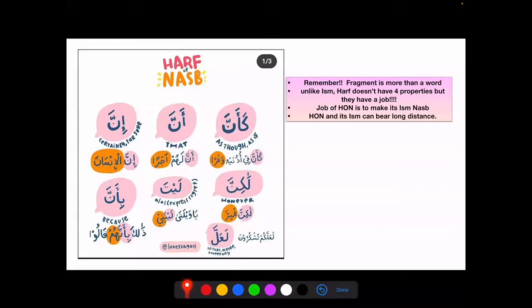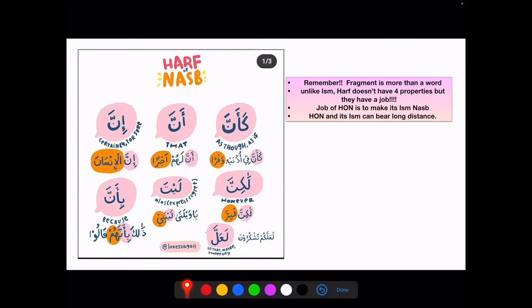Then we have bi anna. Bi anna means because, and an example is zalika, that bi annahum, because they, qalu, they said. So now zalika, we know that this is ismu ishara, right? Bi anna is our harfu nasab, and hum is an attached pronoun, right? So whenever we have an attached pronoun with harfu nasab, our job is easy. How?